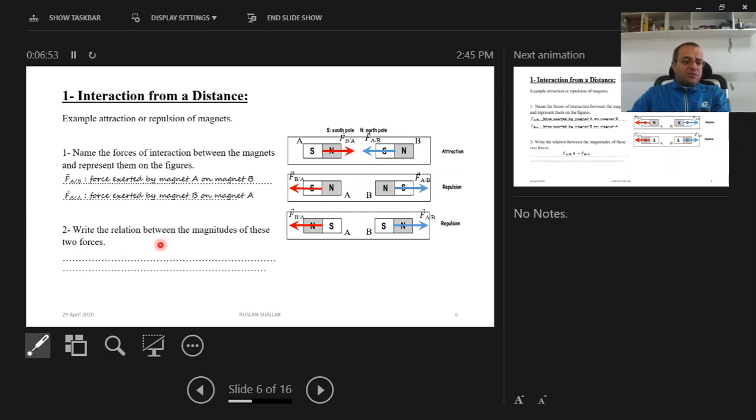In magnitudes, we don't have vectors. We don't put an arrow above the F, and they are equal in magnitude.